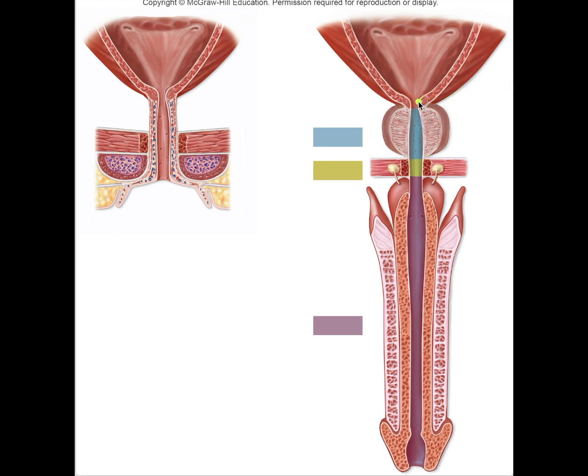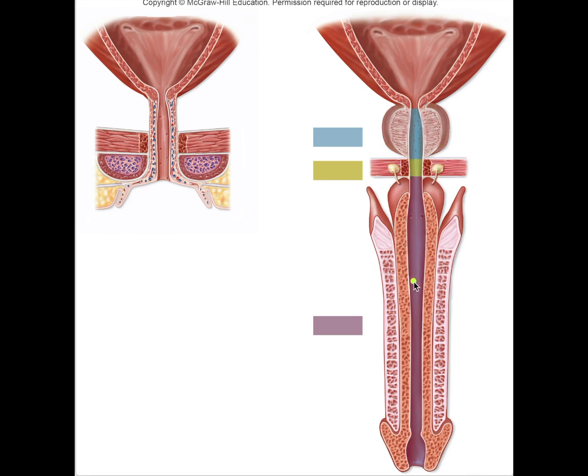So the part of the urethra that passes through the prostate is the prostatic urethra. And you can actually see there's little ducts from where the prostate will empty its contents into the urethra here during an ejaculation. And then we have the membranous urethra, the yellow part here, that passes through the urogenital diaphragm. You can see those two little bulbourethral glands.